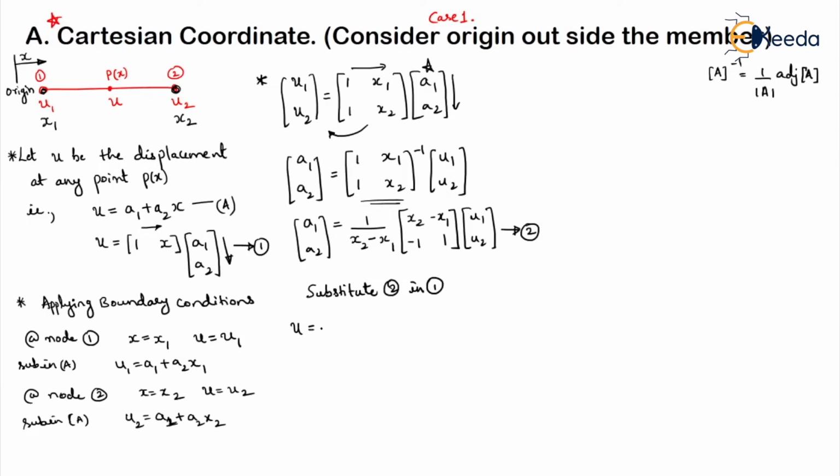So what will happen to that? u equals 1 x. So in place of a1 a2, we should write this entire thing. So 1 by x2 minus x1 into x2 minus x1 minus 1, 1 into what? u1, u2.